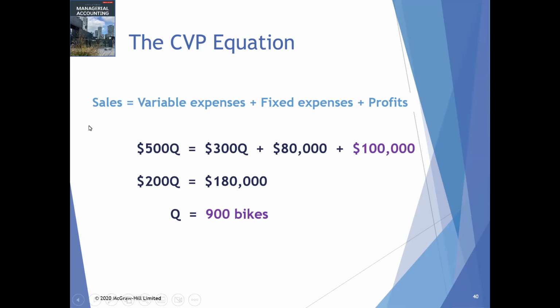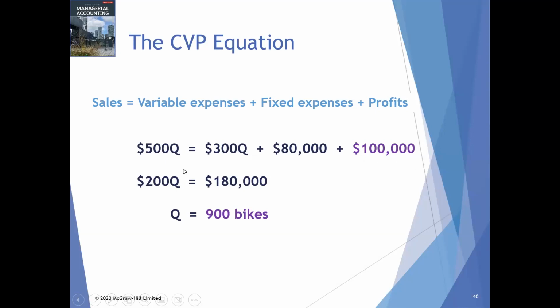Here we know that the selling price is $500 per unit and Q is the quantity. We want to know the quantity. 300Q is the variable expenses, and the fixed expenses and profit we know. This is the profit that we have written here.